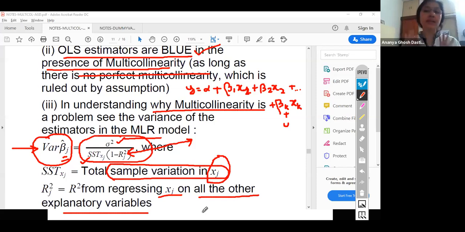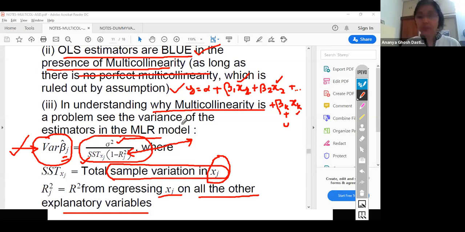I have a multiple regression model, which means I have many explanatory variables, x1, x2, up to xk. Now, there is a correlation among these variables, and I have multicollinearity. Where does that matter? It matters right here in the standard error of the estimated slope coefficients.